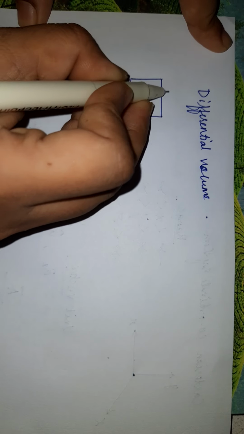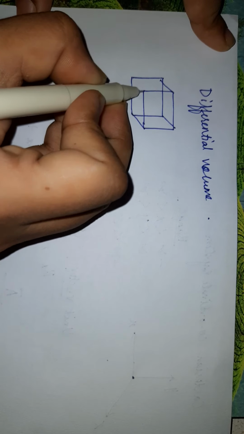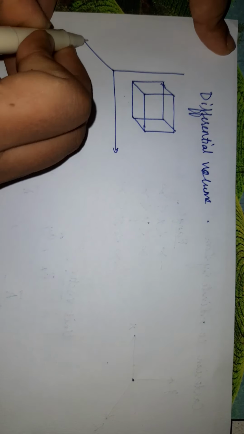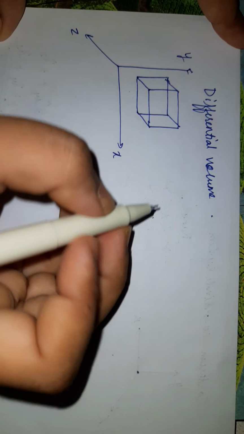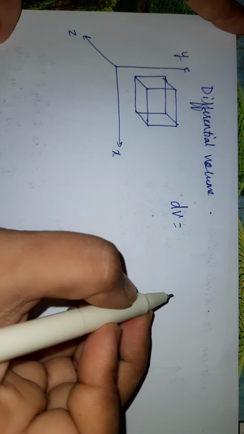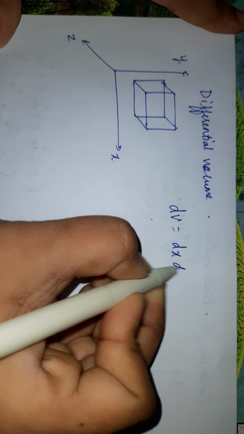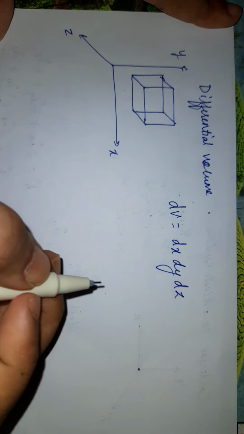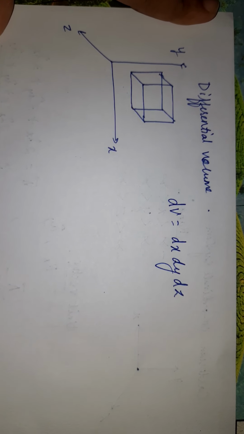Coming back to the same cube as we had drawn earlier, you can take out this cube's volume by multiplying all 3 sides, and the 3 coordinates are X, Y and Z. So you'll have no problem taking out the differential volume, which will be the product of dx, dy and dz, and obviously it has no direction.